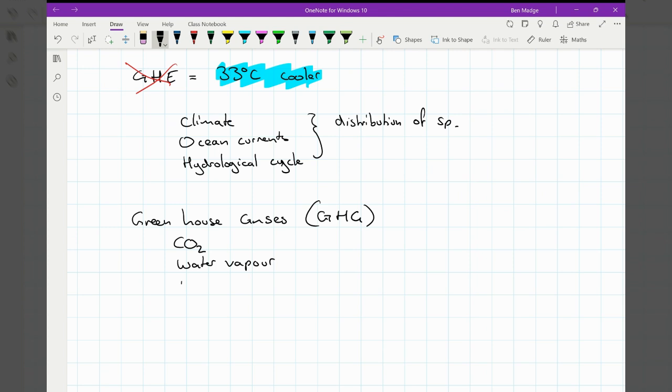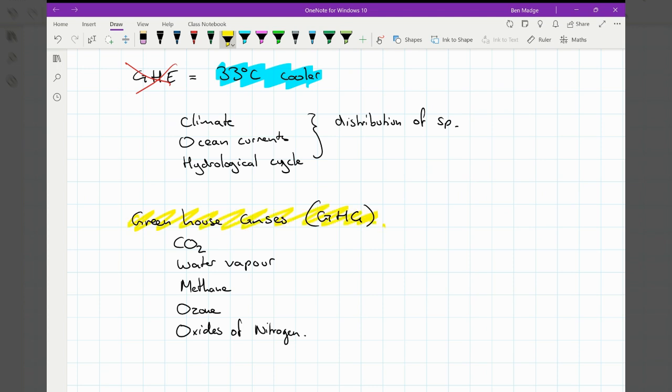Methane, and oxides of nitrogen, ozone. Okay, these are all really important gases that we need to know about.